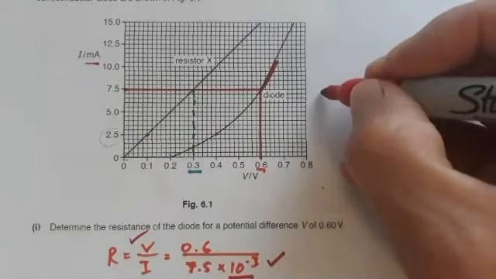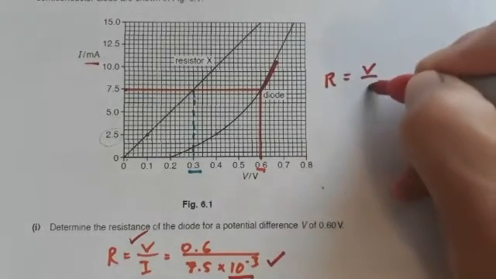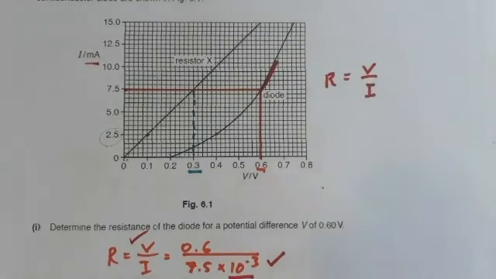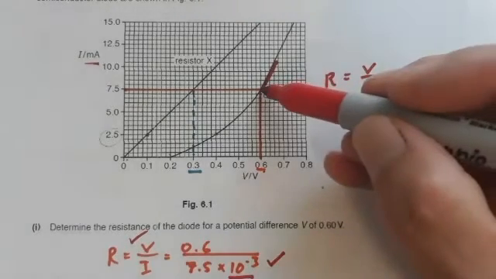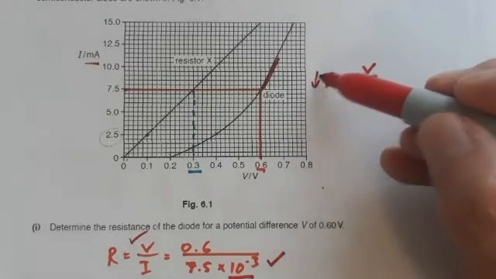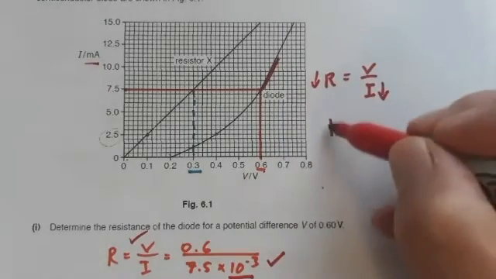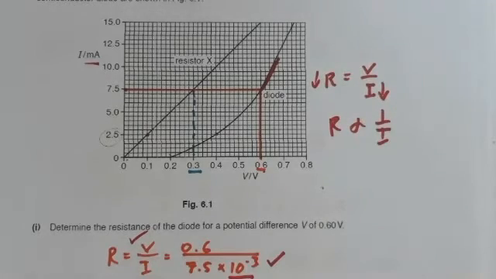Remember this from my formula R equals V over I. What happens to my resistance? My current is increasing, so my resistance is decreasing. So R is inversely proportional to I. Right?